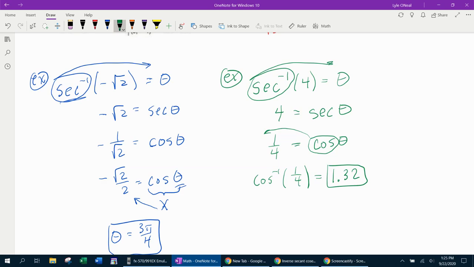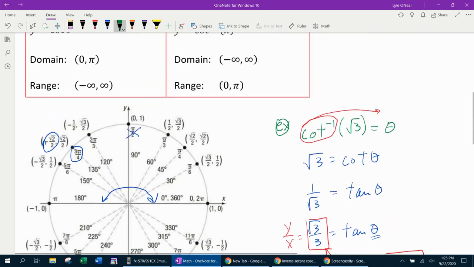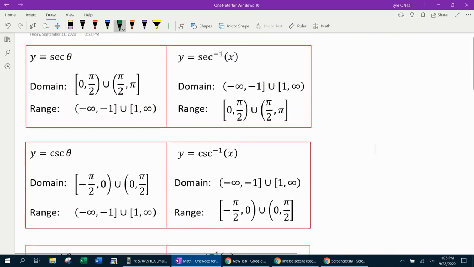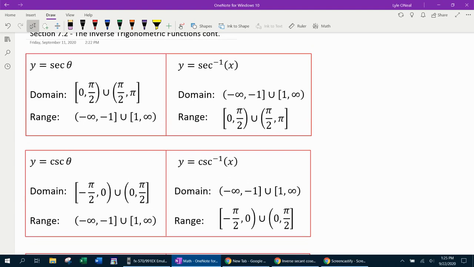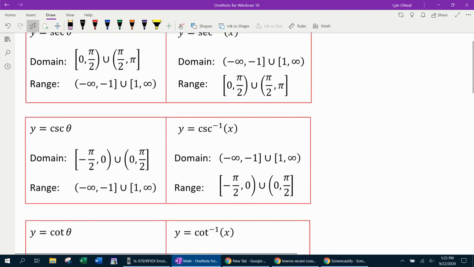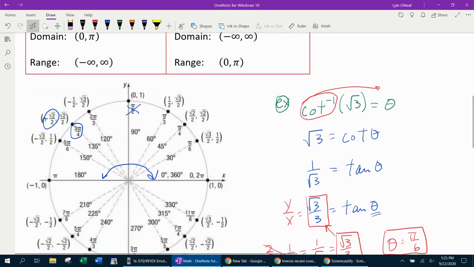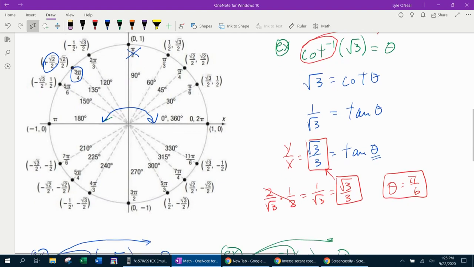Again, if I need to verify that, remember the inverse secant was restricted to angles from 0 to pi. And from 0 to pi, those are positive angles, really from 0 to 3.14, if you look at what pi is approximately.